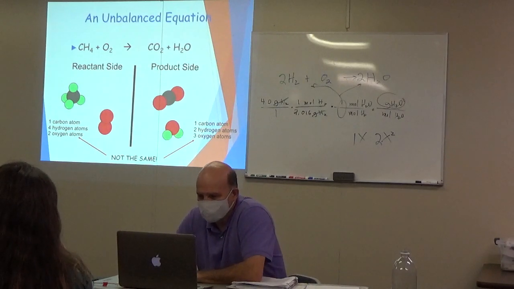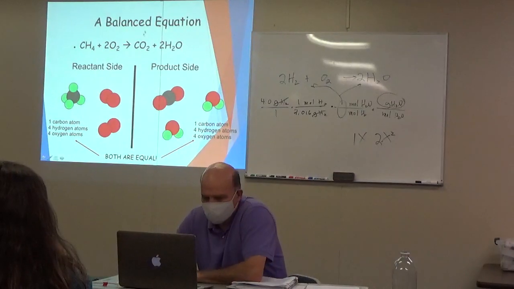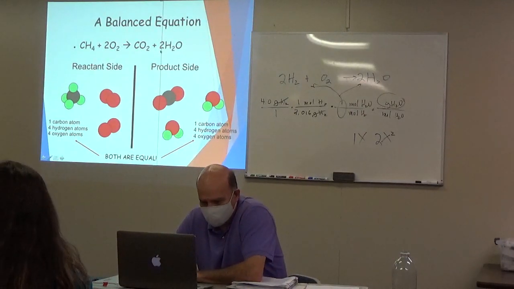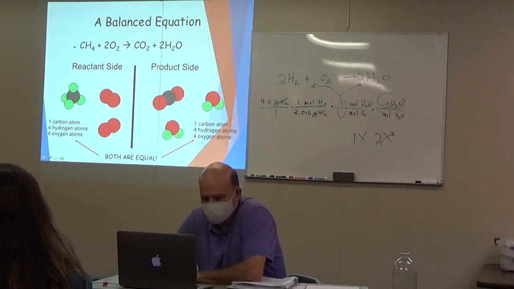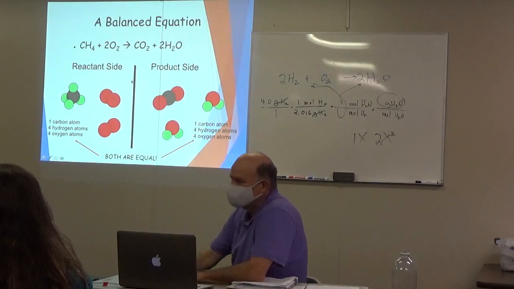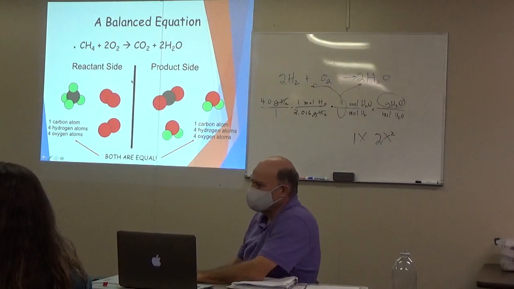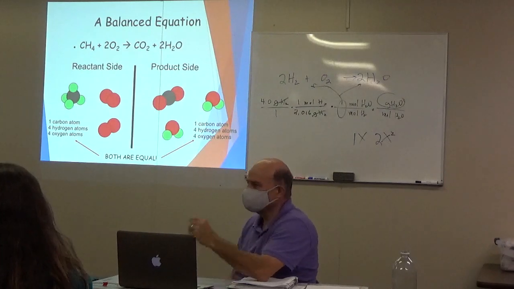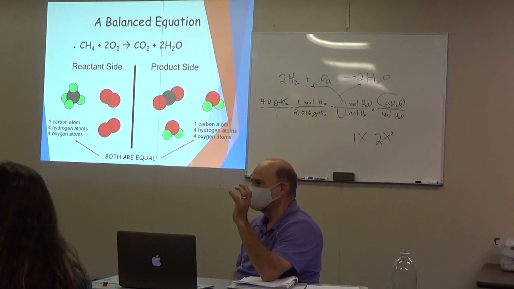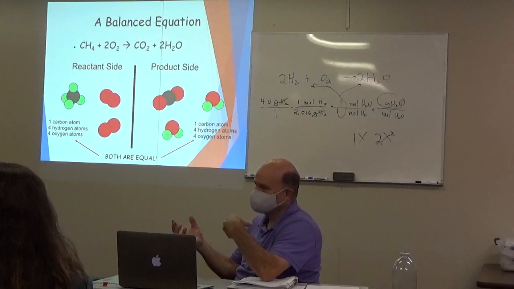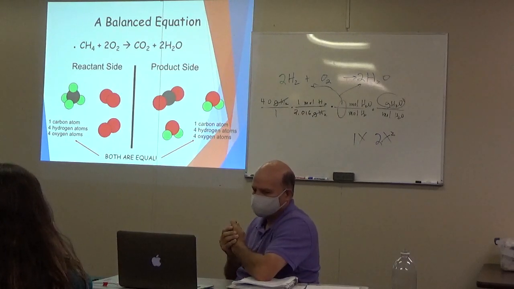When I change it to this where it's balanced, now you can see that I've got 4 oxygen, 1, 2, 3, 4 oxygen, 4 hydrogen, 4 hydrogen, it's all balanced. So that's all we mean by conservation of mass. The number of individual atoms is the same on both sides. You don't gain or lose mass.